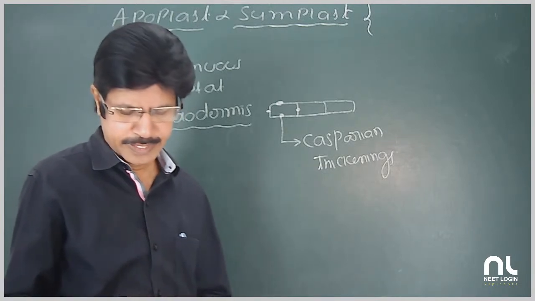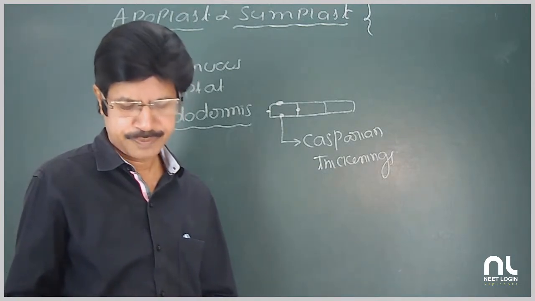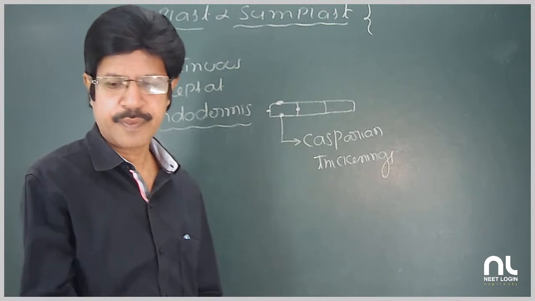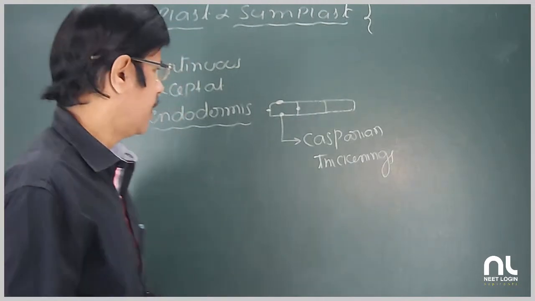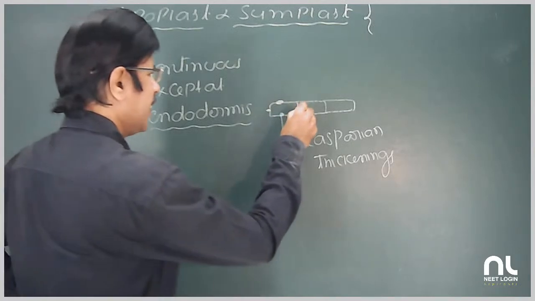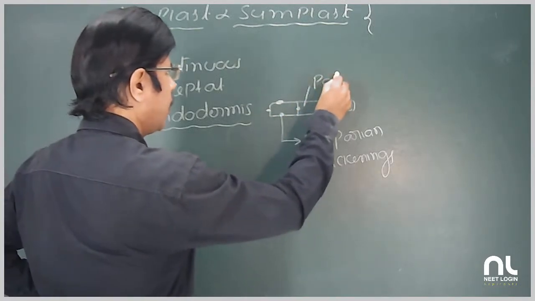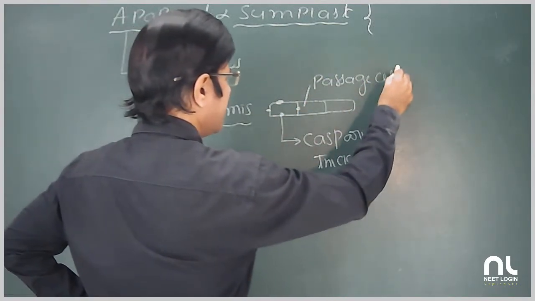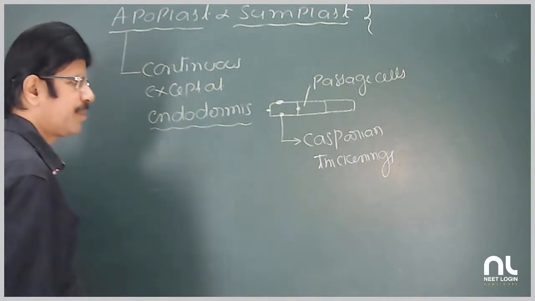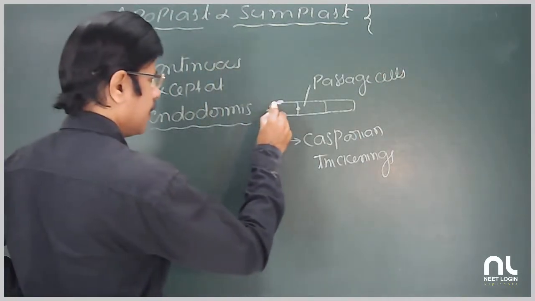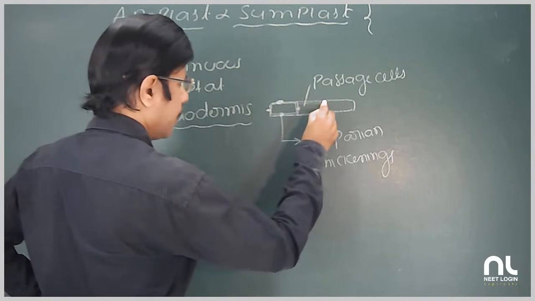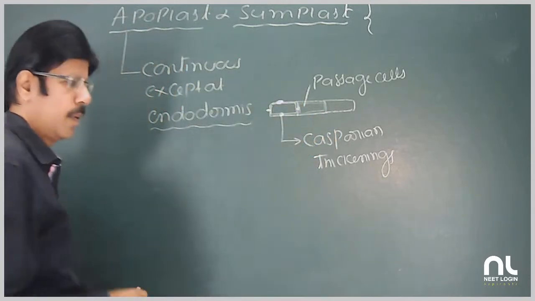Casparian thickenings. Okay. And thin-walled cells, what do you call them? Passage cells.